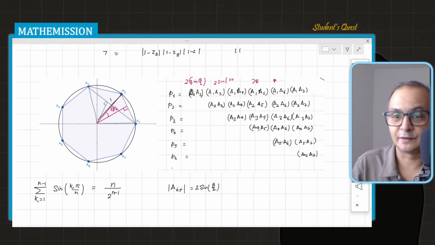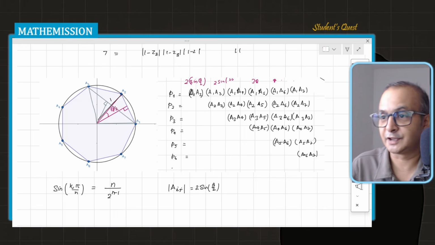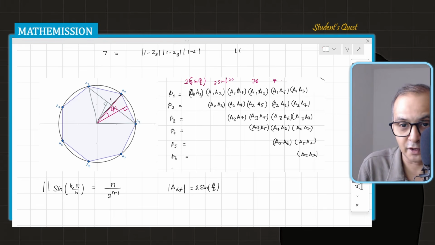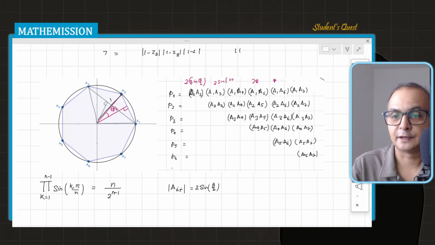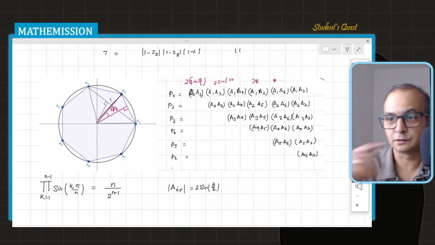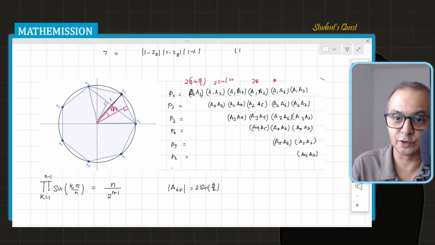By the way, here I have written the summation. That's a mistake here, sorry for that. This is the product here. So in this way, this entire thing, you can see theta by 2, then 2 theta by 2, and you are going up to here only. It means that you are actually making a whole revolution. There are 6 terms, so you are going up to 6 here, meaning k starts from 1 and goes up to n minus 1.